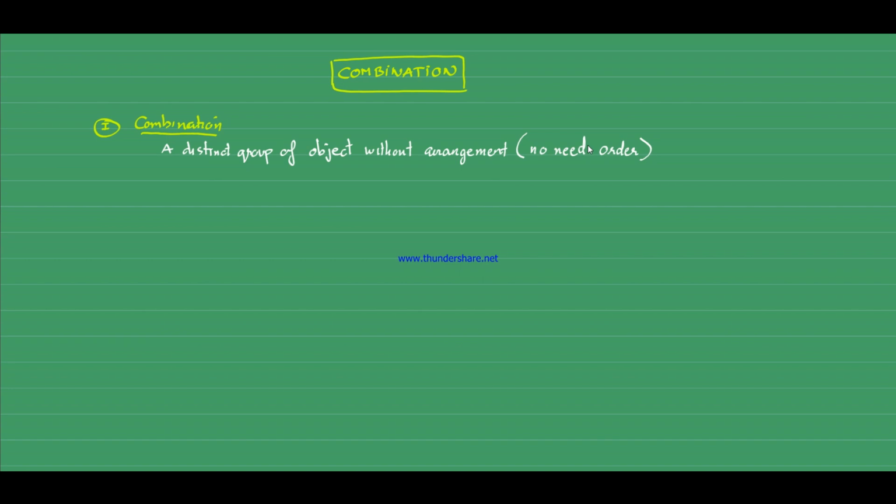We have a group of n objects and we want to collect a group of r objects out of n objects, and we don't care about order, no arrangement. So that's the difference between combination and permutation.